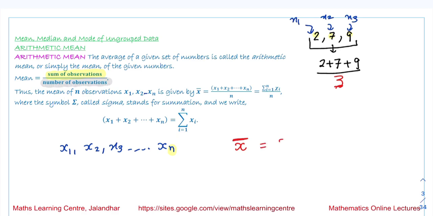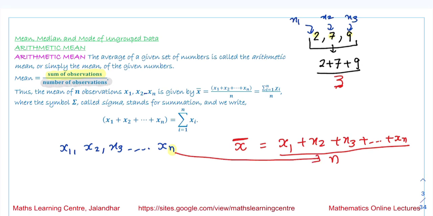So the answer will be x1 plus x2 plus x3 plus so on up to xn, divided by the number of terms, n. We can write x bar is equal to x1 plus x2 plus x3 plus xn over n.